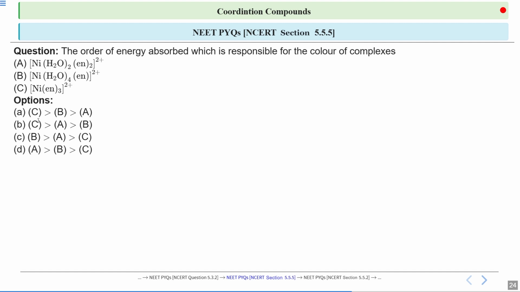The options are: C complex is having the highest energy absorbed, then B, then A. C is having the highest energy absorbed, then A, then B. B is having the highest energy absorbed, then A, then C. Or A is having the highest energy absorbed, then the B complex and the C complex. So you are given some time, try to solve this question, and then we will see the correct answer.